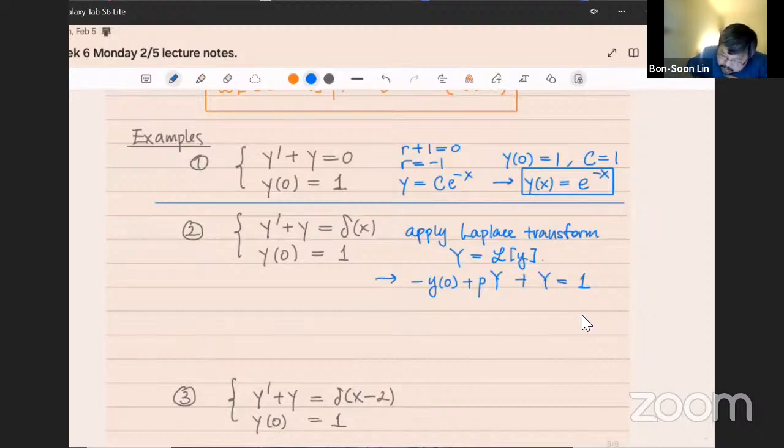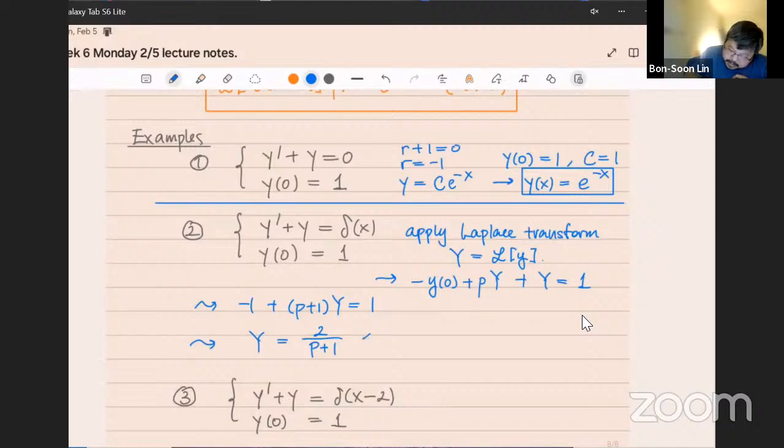Now y of 0 is 1, so this becomes negative 1 plus pY plus Y, so that's p plus 1 times big Y is equal to 1, or in other words, big Y is equal to 2 over p plus 1, right?